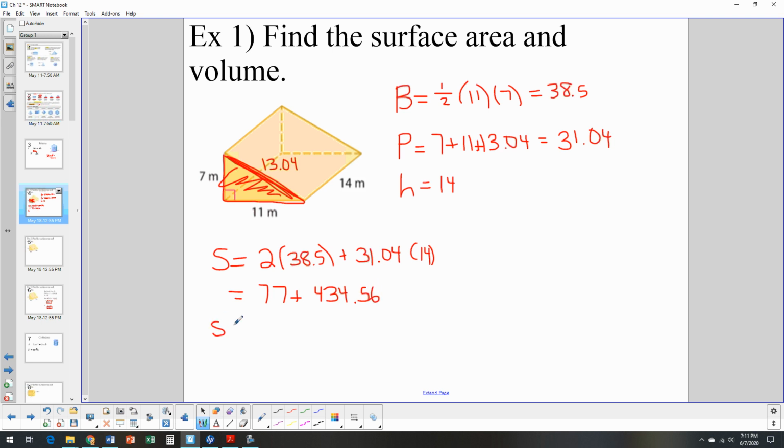So altogether, if I add those two, I get 511.56 meters squared.